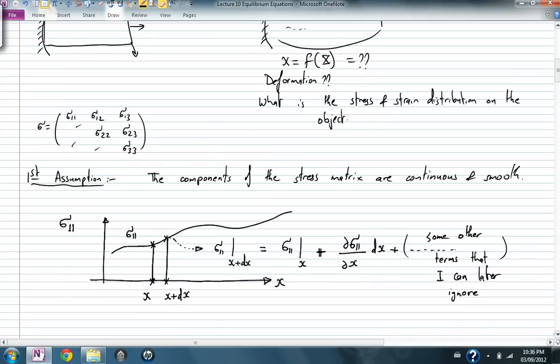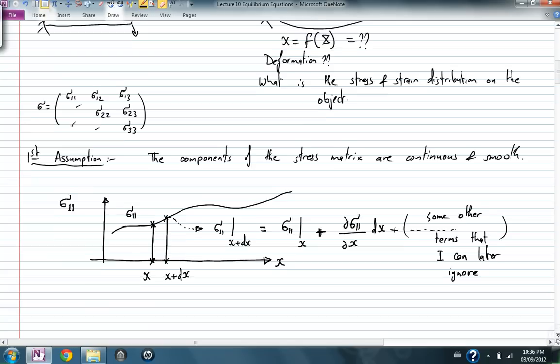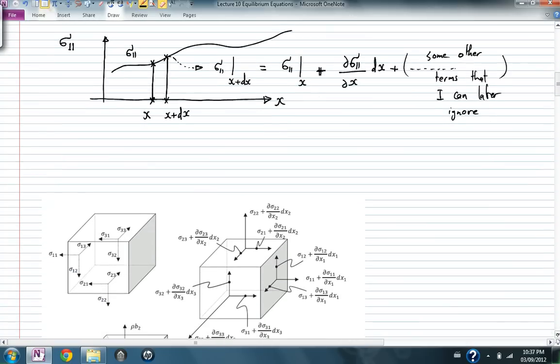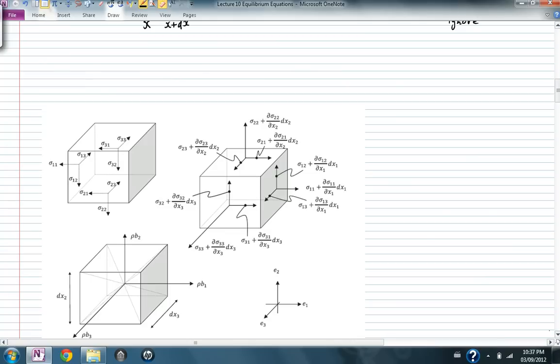So let's apply this Taylor approximation on a continuum to find the forces acting on a small element of the continuum. Given a continuum where there are external forces acting on it, let's say I have a gravity field acting in this direction, for example, which means it has 3 different components.